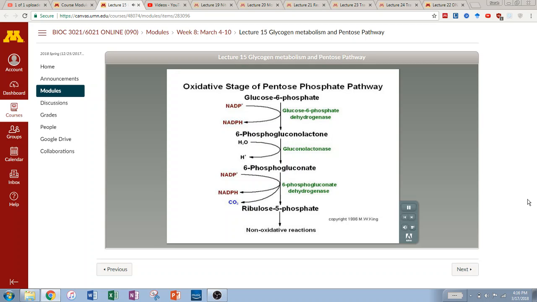The pathway could stop right here if it were not for the fact that the cell only needs a limited supply of ribulose 5-phosphate, probably much less than is produced to meet the need for NADPH. So further reactions are needed to convert excess ribulose 5-phosphate into usable intermediates such as pyruvate, which ultimately are oxidized to carbon dioxide. In other modes of the pentose pathway, not shown, excess ribulose 5-phosphate is converted back to glucose 6-phosphate by gluconeogenesis.